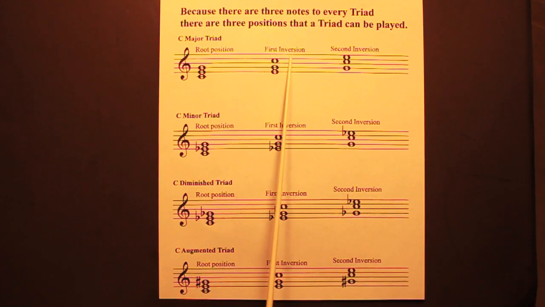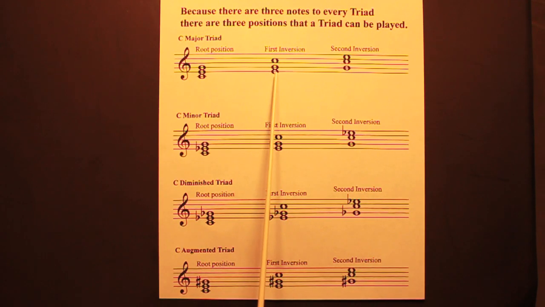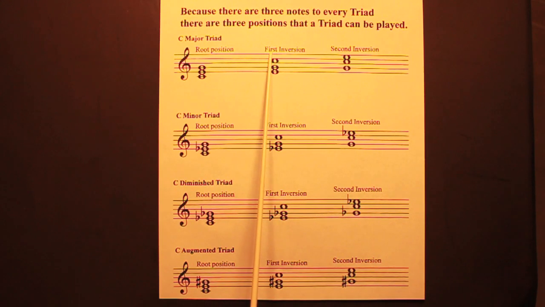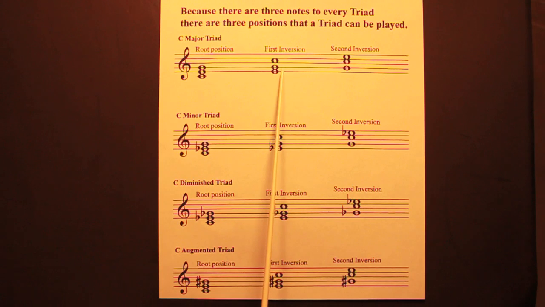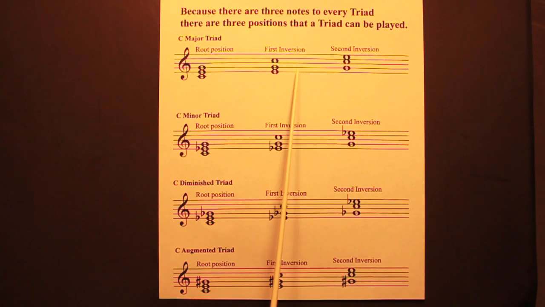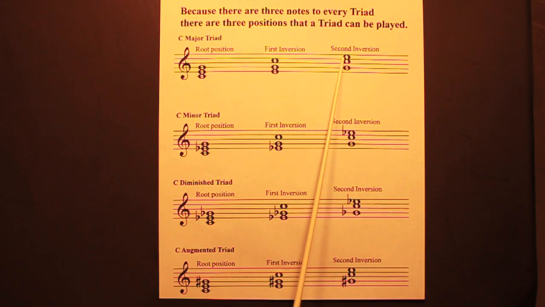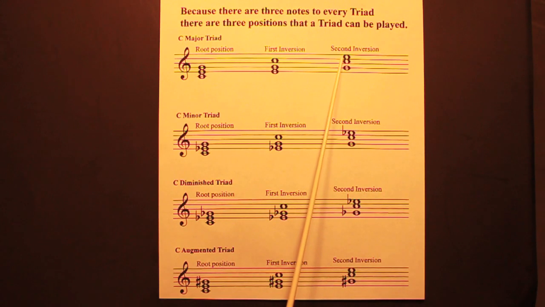That's called first inversion, because now the third is on the bottom, the fifth is in the middle, and the root is on the top. Second inversion is to take the third and put it on top. So the fifth now is on the bottom, the root is in the middle, and the third is on the top.